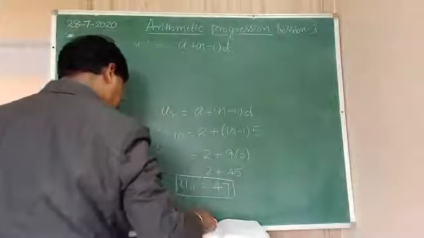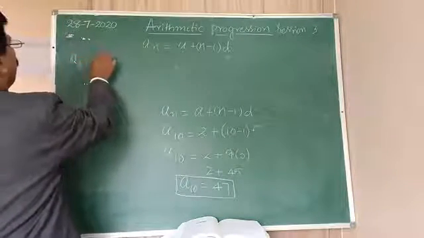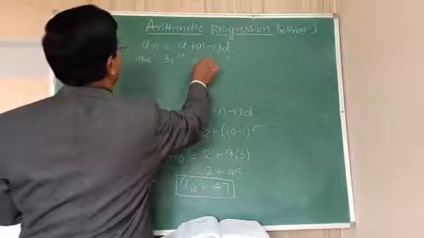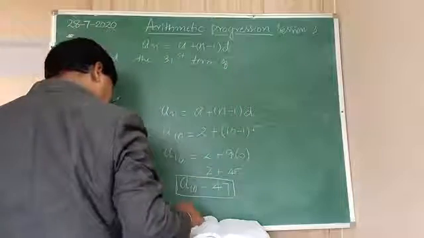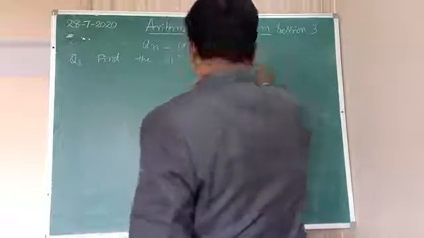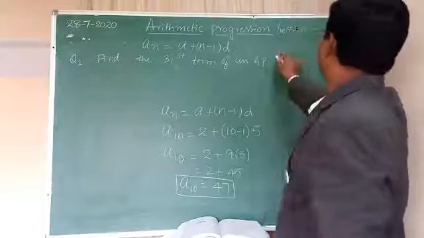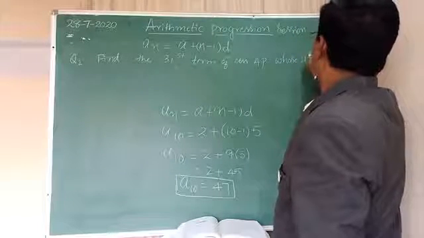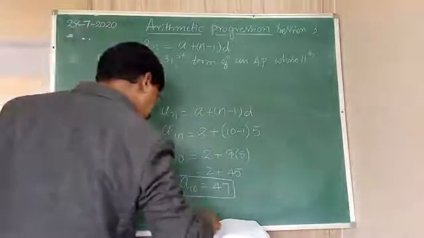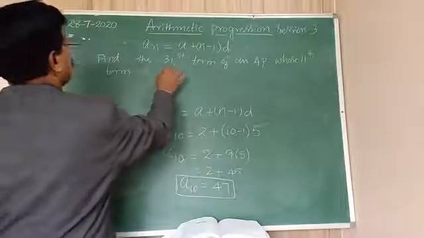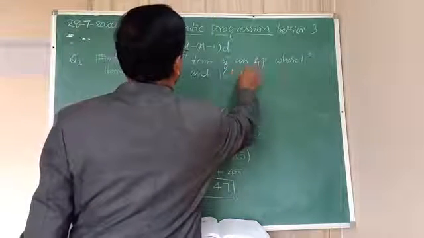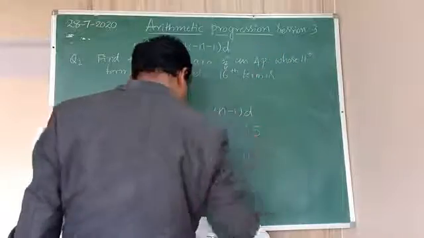Find the 31st term of an AP whose 11th term is 38 and 16th term is 73.